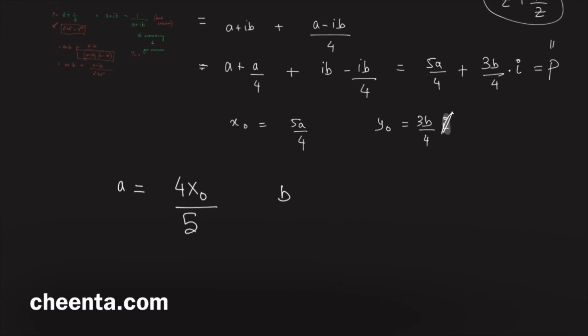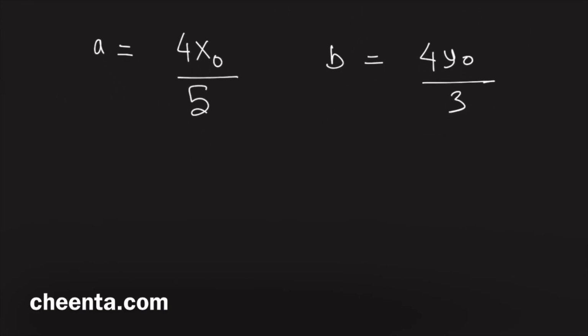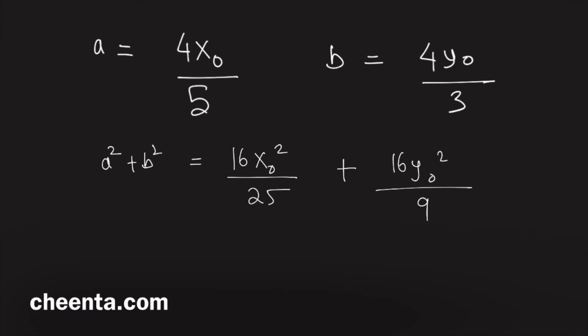Okay, so b is equal to 4y0 by 3. Now we will use the fact that a square plus b square is equal to 4. We know this, so we will use this right here. So a square plus b square is equal to 16x0 square by 25 plus 16y0 square by 9.